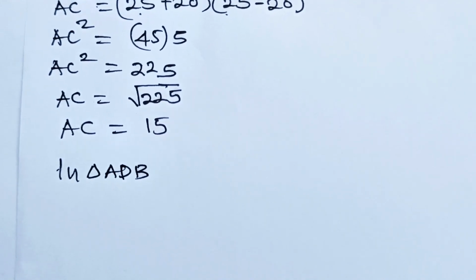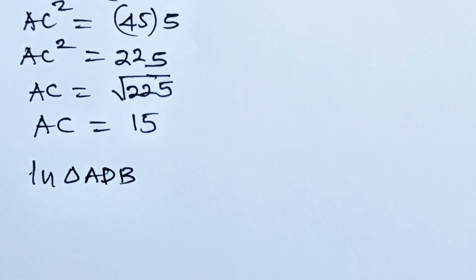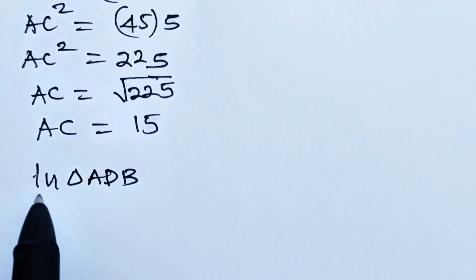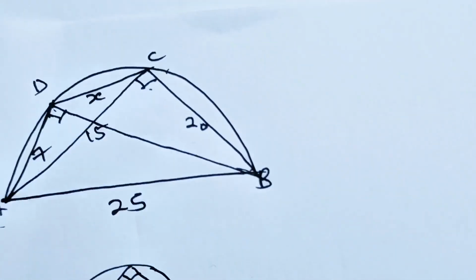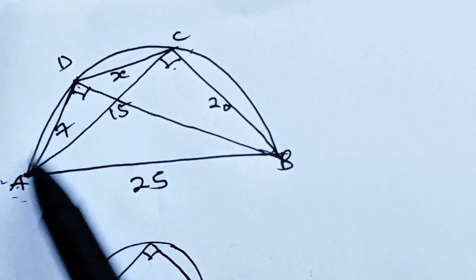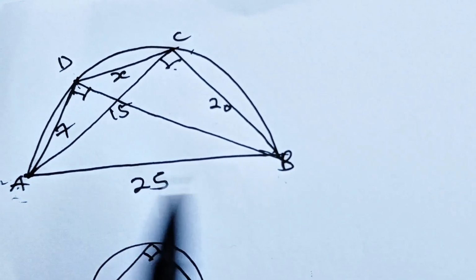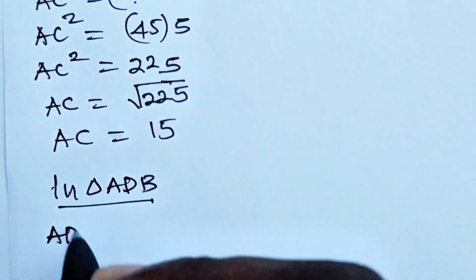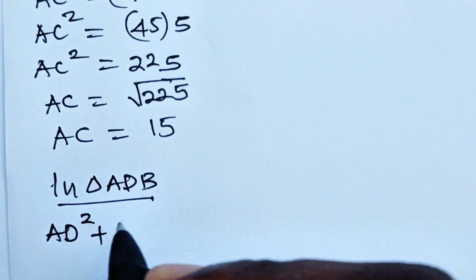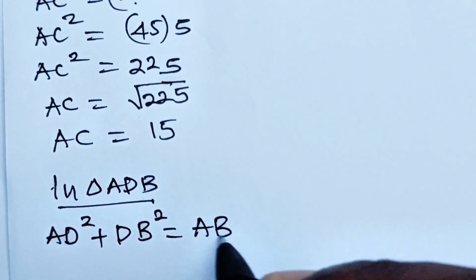Let me zoom this out more. Okay. So in triangle ADB, we can see that AD squared plus DB squared should be equal to AB squared. Okay, so let's write that. AD squared plus DB squared is equal to AB squared.